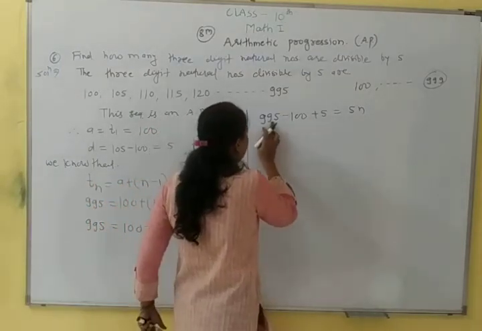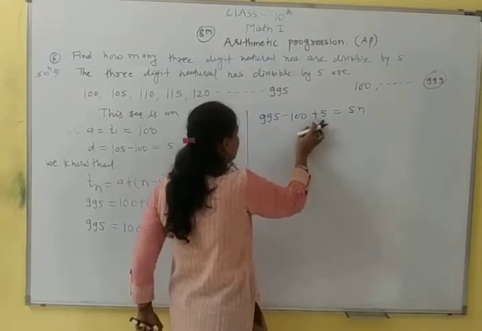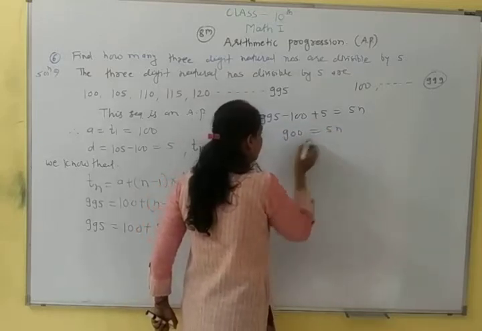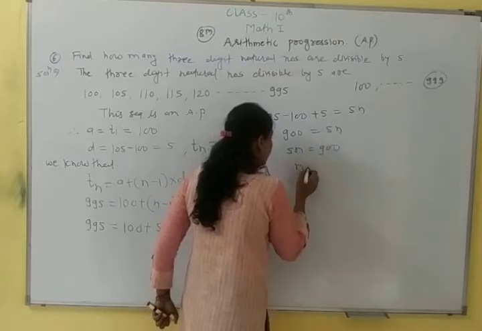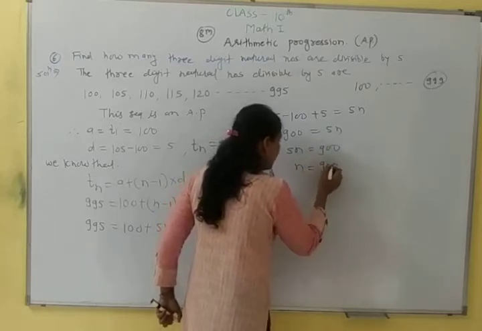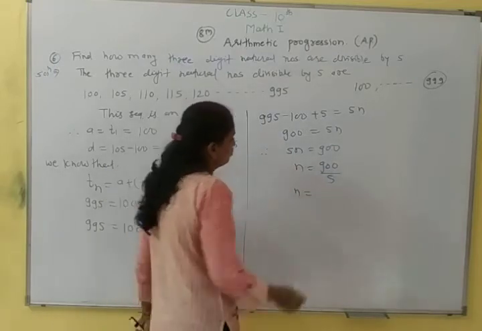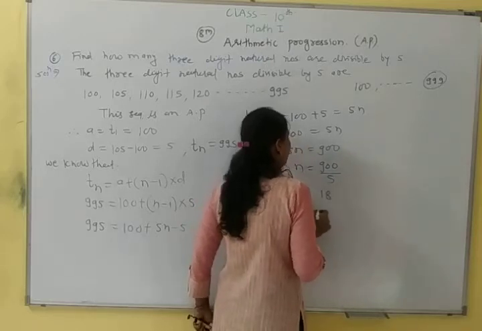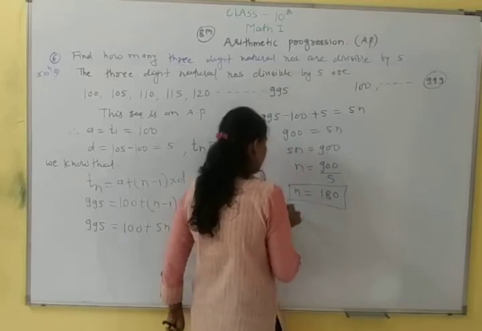So solve this. 995 plus 5 is 1000, and 1000 minus 100 is 900, equal to 5n. Side change, 5n equal to 900, then find the value of n: 900 upon 5. So n equal to 180.